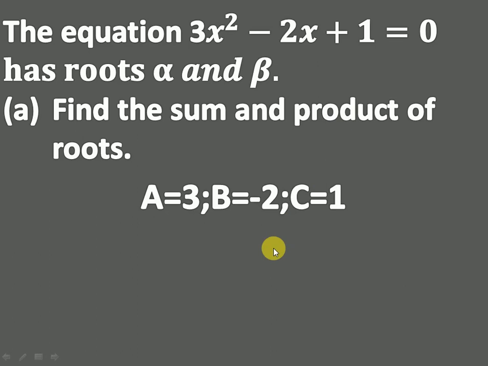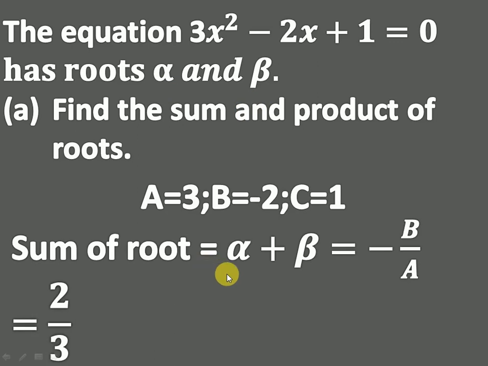The question wants us to find the sum and product of roots. Sum of roots is alpha plus beta. And how do we find that? We find that by taking negative b over a. In this case, my b is negative 2 and my a is 3. As a result, my sum of roots, which is alpha plus beta, is 2/3.